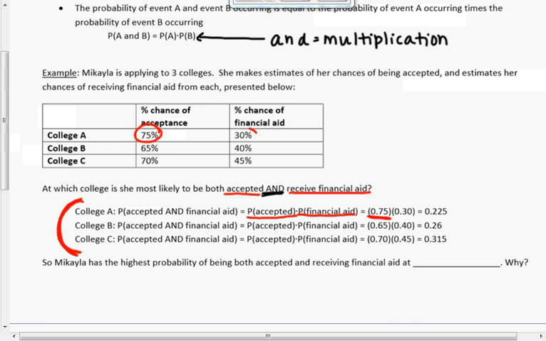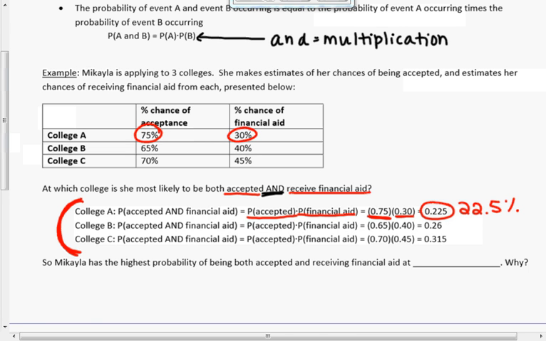The probability of her receiving financial aid is 30%. So you see the 0.3. Multiply these things together. So the probability of her both being accepted and receiving financial aid is only 0.225, which is 22.5%. So less than a quarter of a chance that she's going to be accepted and receive financial aid from college A.